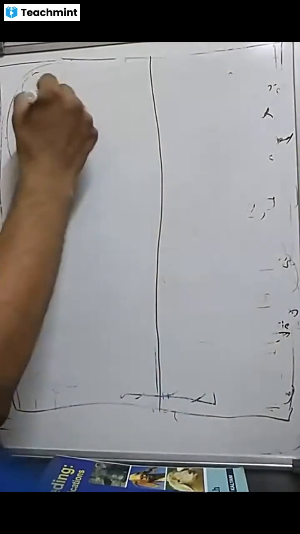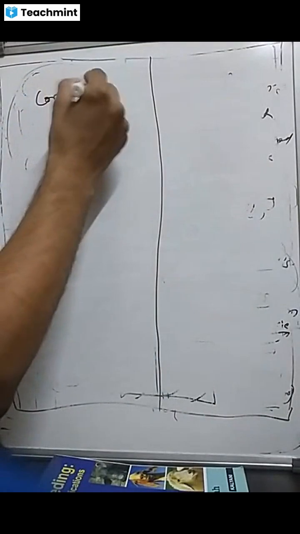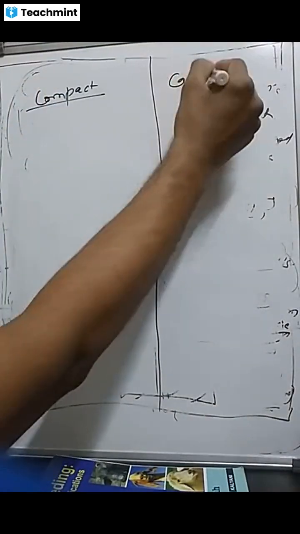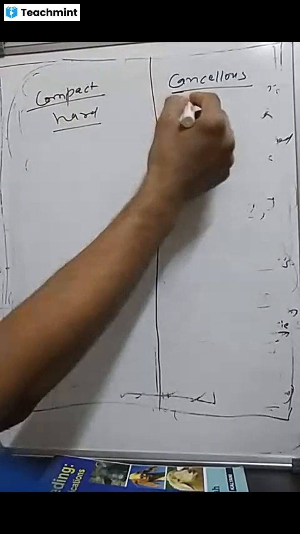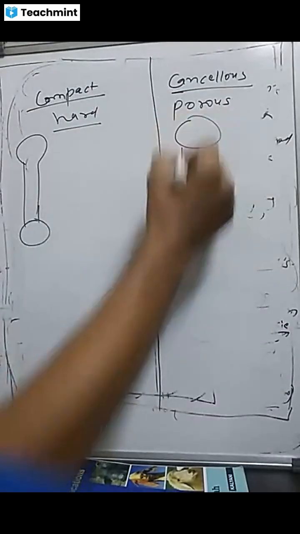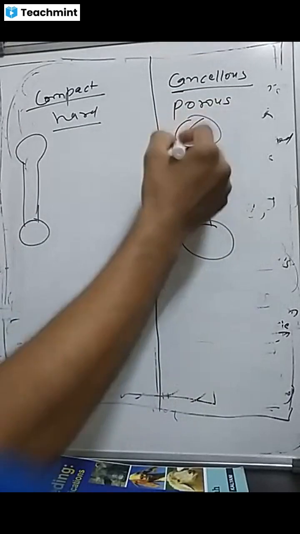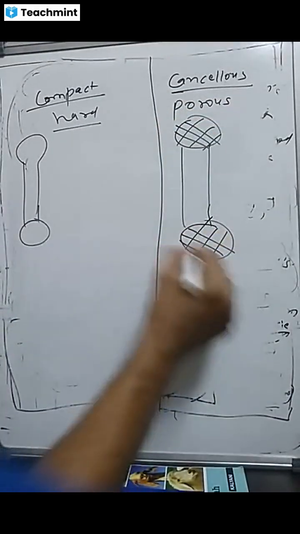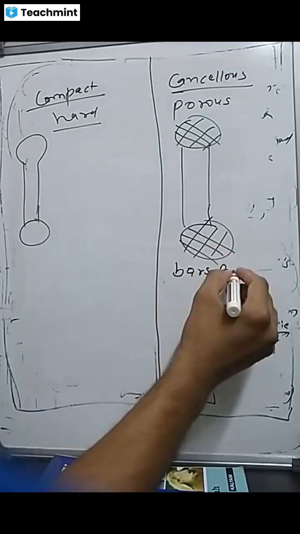So if we see the difference between compact and cancellous bone, where these ends are like this, these are known as bars and plates.